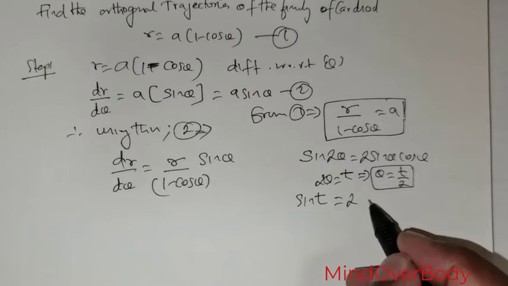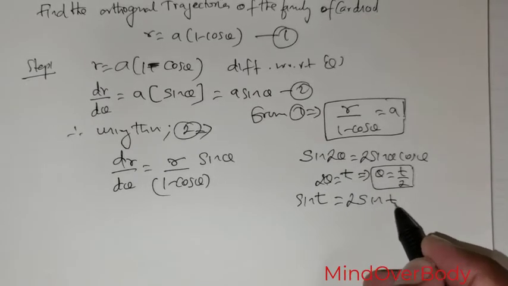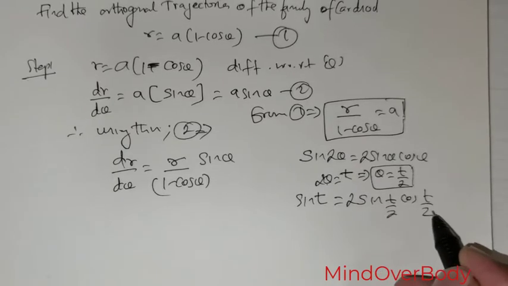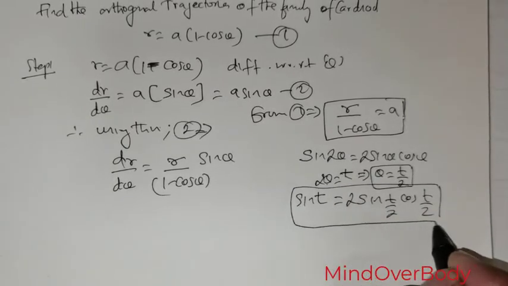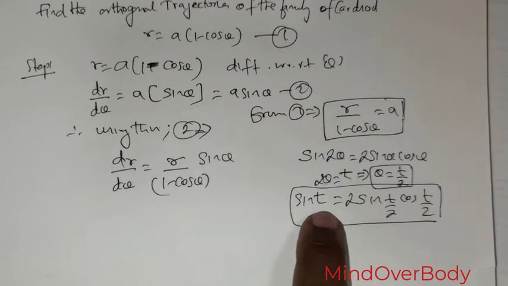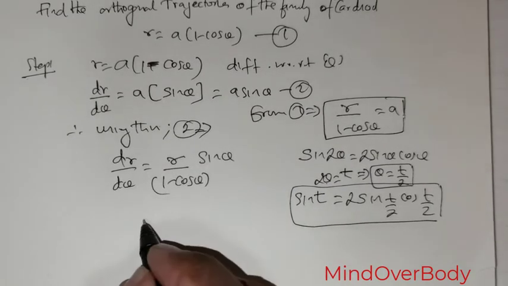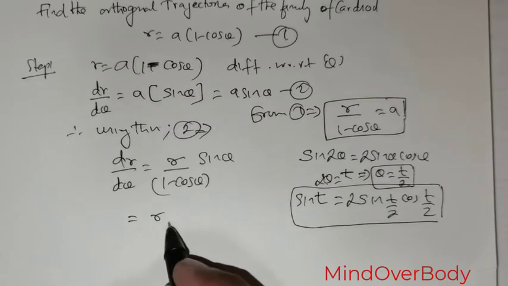So this is a substitution that will come into place. So this is going to be sin of t over 2 times cos of t over 2. This is what happens if I have sin t, but in this case it is theta. So I'm going to rewrite this as 2r times.